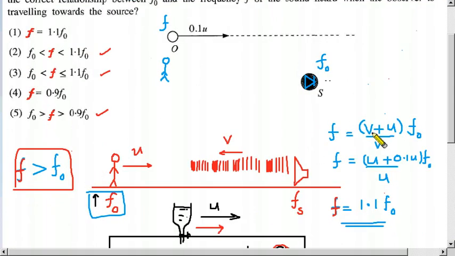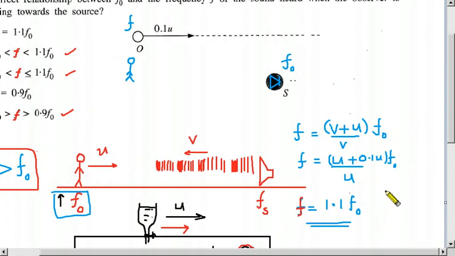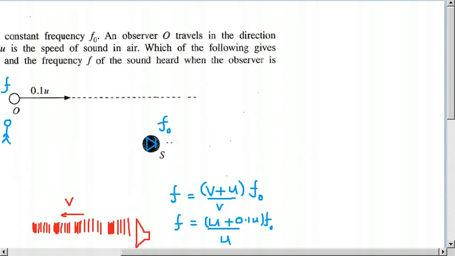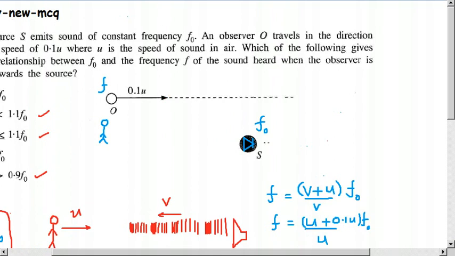So we have to therefore use, instead of this 0.1 u, let us check what we can do. Actually the direct straight path is, if we draw the line from this source to the straight path, so this is the line.